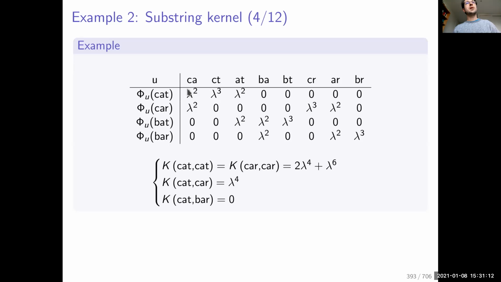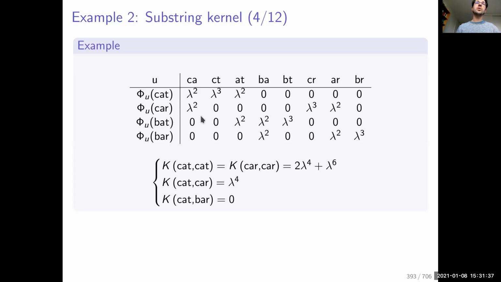So CA appears in cat and the length is 2, so I get lambda squared. CT appears also in cat, but with 1 gap, so the length of this substring is 3, so I will have lambda to the power of 3. AT is lambda squared, and then BA does not appear at all, so I get zeros here.